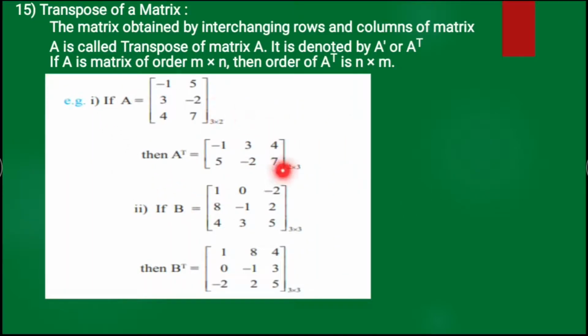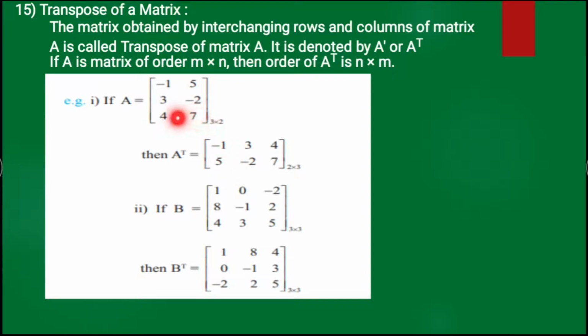So see the example. Here we consider the first example. A equals a matrix of order 3 by 2. So after transpose, we write A transpose. The elements of first row we write in first column. So elements of first row are minus 1, 5. So we write those elements in first column: minus 1, 5.